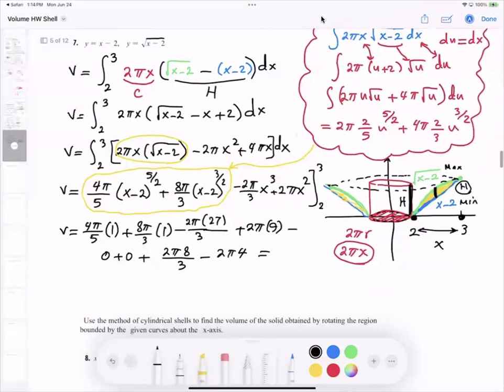Okay. So the volume is equal to, can we simplify something here? Probably. So I have 4 pi over 5 plus, so here you have 16 pi over 3, and then you have 8 pi over 3.